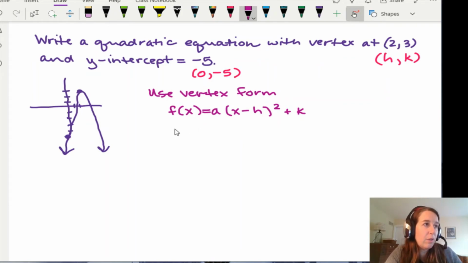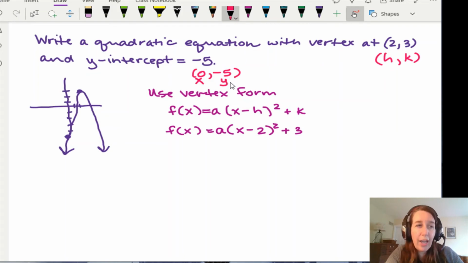All right, so notice that we actually have some information here. We know that the vertex is 2 comma 3, so (x minus 2) squared plus 3, okay? And then we really don't know the a value, right? But we do have another point on the graph. So we do have an x, y point on the graph, and we can use this as x and this as y.